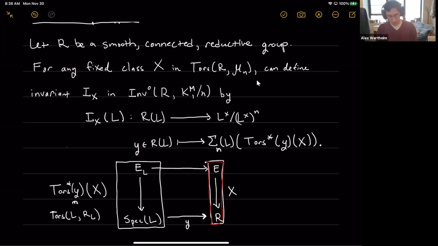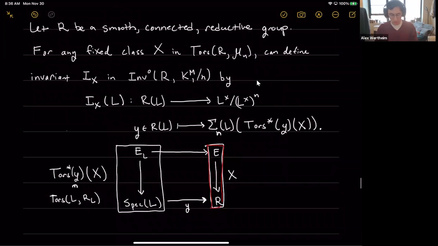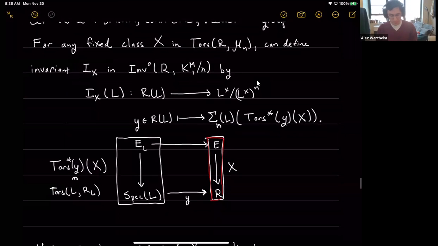For any field extension L over F and any L point of R Y, I can pull back the class of the torsor X along Y, which gives me a mu n torsor over spec L. And then via the Kummer theory isomorphism sigma n, I get an element of the units of L modulo nth powers. And so this defines an invariant.